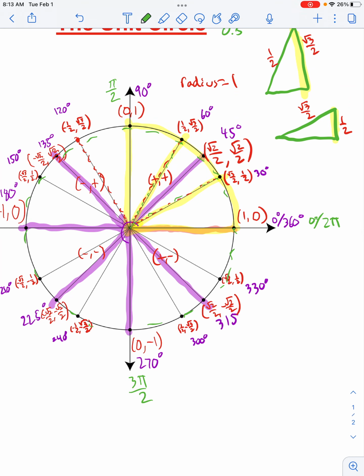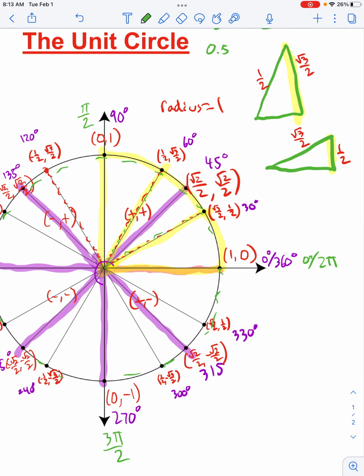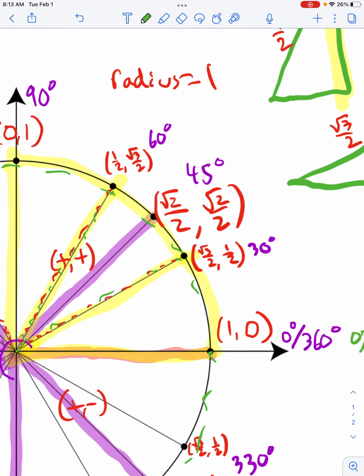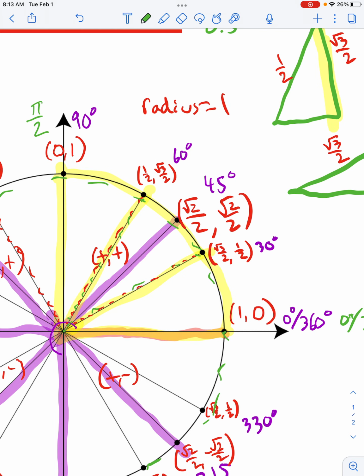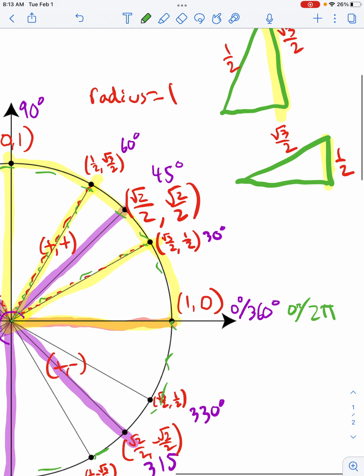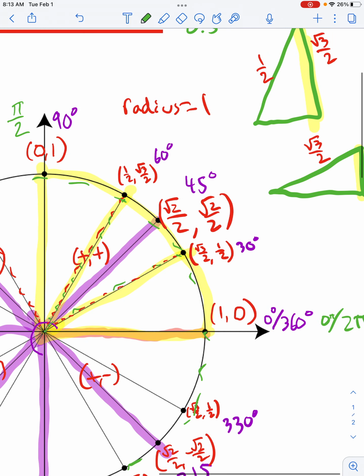Which then again can lead us into breaking into these smaller denominations. So again, I like to start kind of on this middle section, the 45s. So if we say, okay, in between 0 pi and pi over 2, well, halfway between 0 pi and pi over 2 is pi over 4. So let's add another pi over 4.